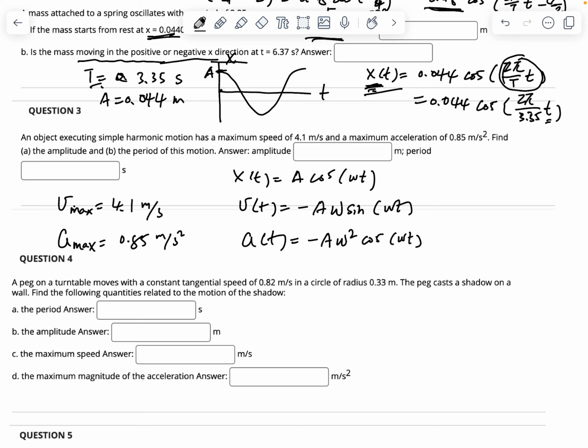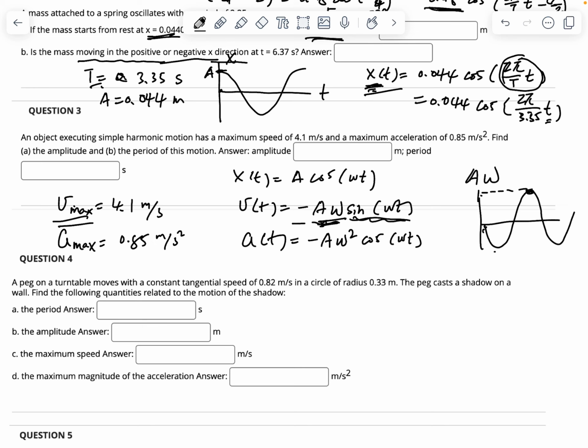Maximum velocity means, you see, maximum, which means A omega. Because this is a sine curve, and the velocity has a negative sign, this is the velocity curve. So this is the maximum velocity, and this value is A omega.